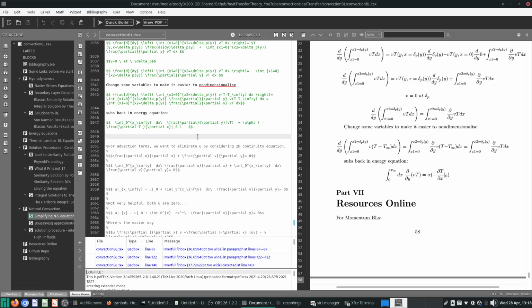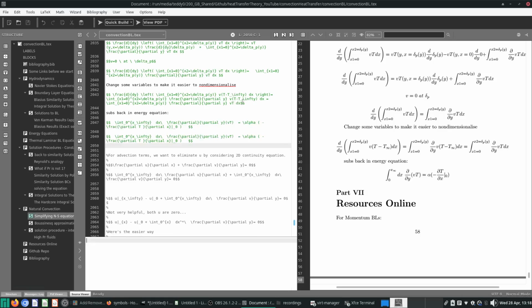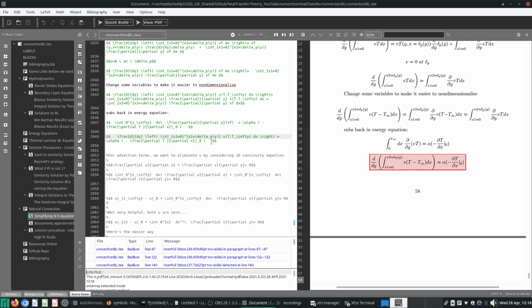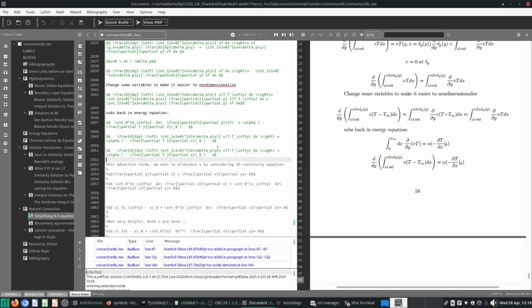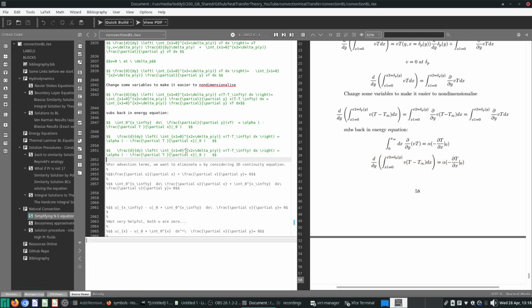So instead of this, I will use the momentum boundary layer thickness directly. I'm not going to use this x infinity anymore. And just to make things neater, let me remove the x1 and x2.